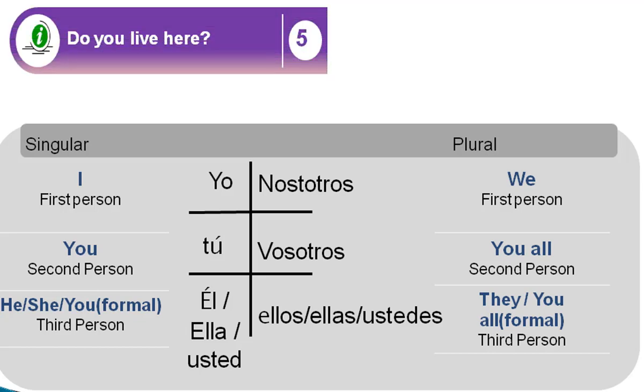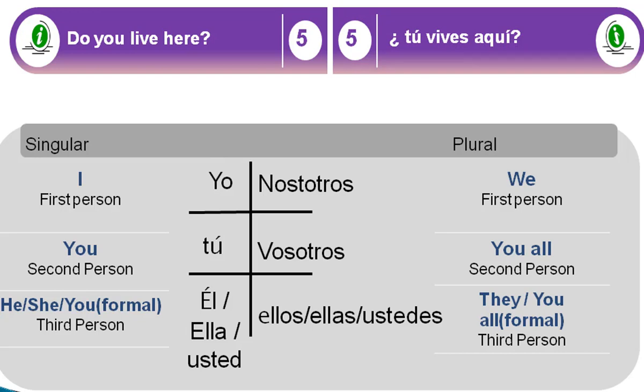Okay, that was the last one. We have another one. You want to ask, do you live here? You are asking a question to someone. So this you could be tú, it could be usted form, depending upon the person you are talking to. If we are talking about tú, vives aquí.